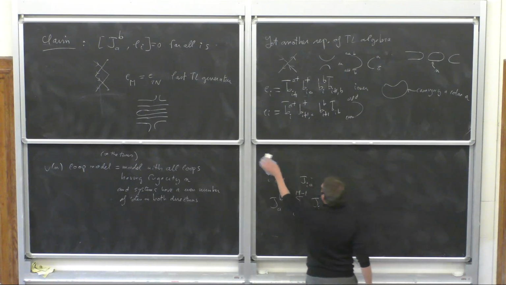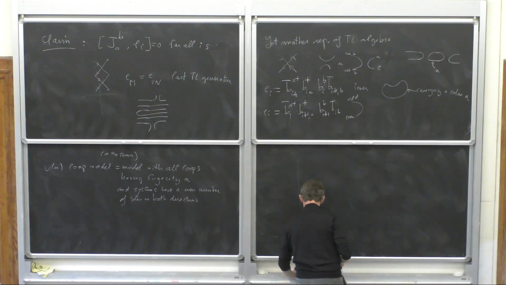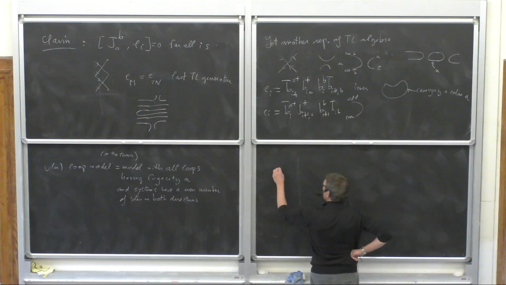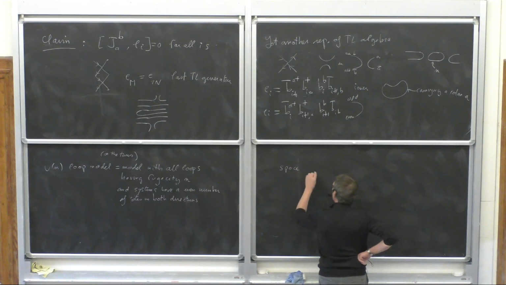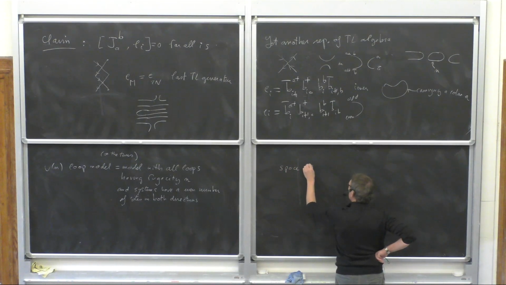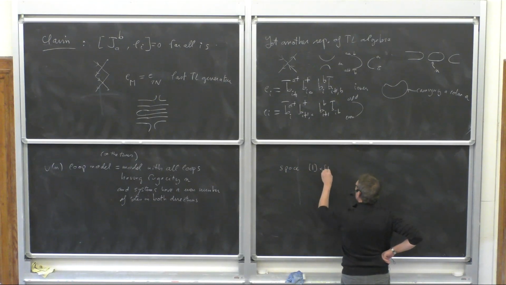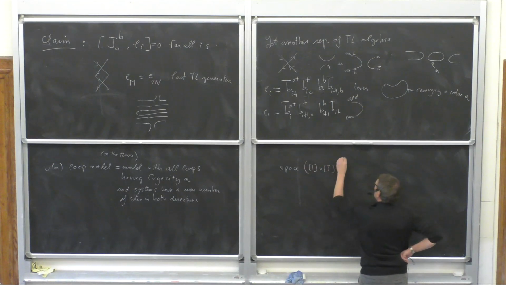We expect, what do we expect? Well, we expect that we're having a space, so our space is the tensor product 1 times 1 bar to the power m over 2 equals n.